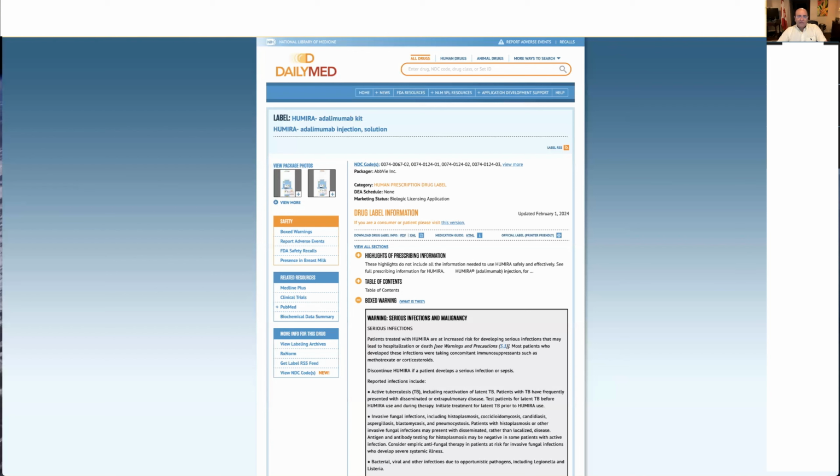So let's go over the product label in detail so that we understand what type of information we can obtain from this document. And obviously, this is the official document that has been prepared by the company that is manufacturing and registering the product. And this information is also updated regularly.